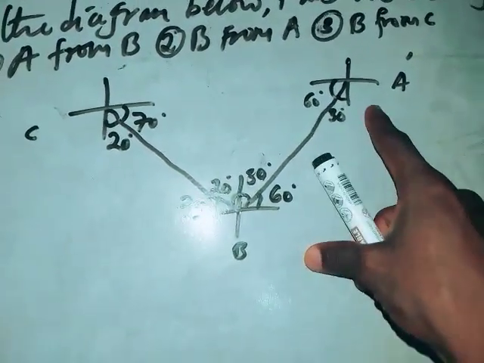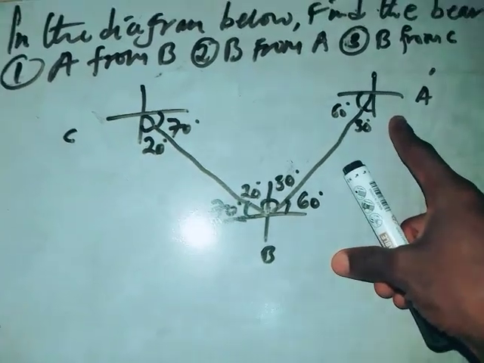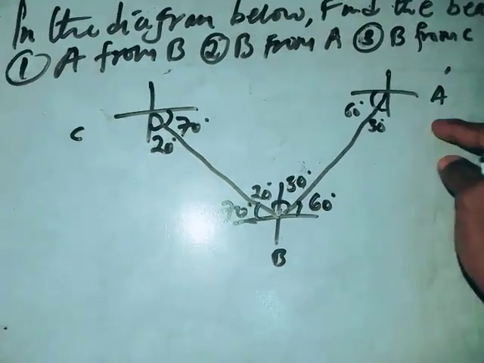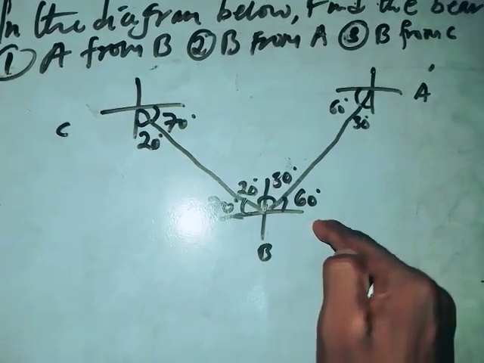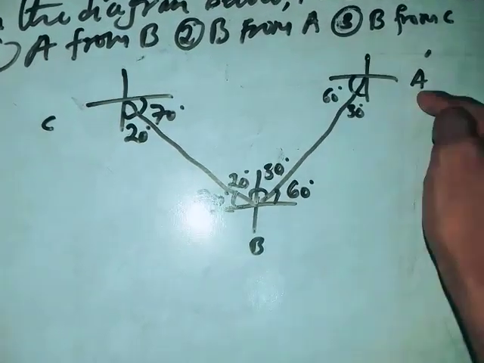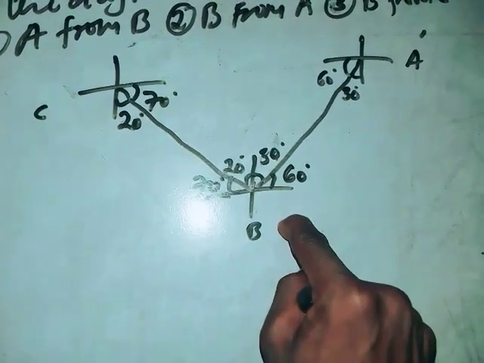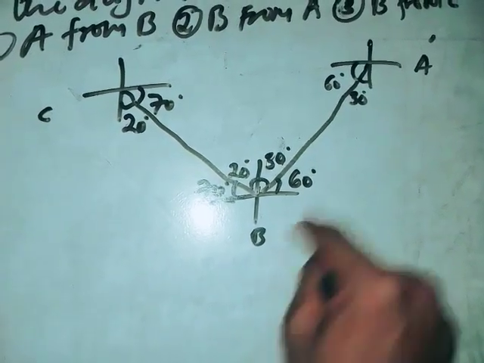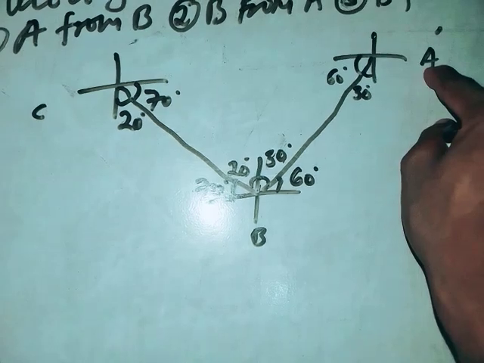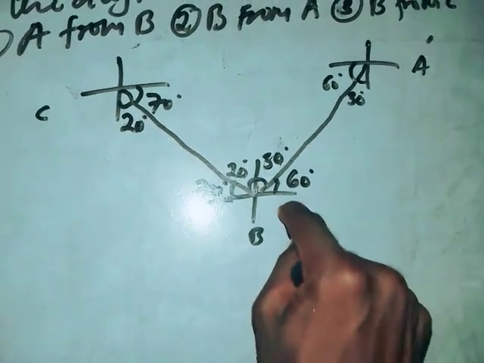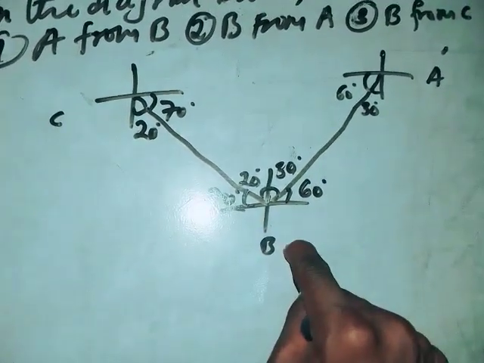Okay. Now the first thing we need to do when finding the bearings of a point from another point is that if I ask to find the bearing from point A to point B, you are going to find that bearing in B. If you are finding a bearing from point A to point B, you are going to find that bearing in point B. That's the second point.